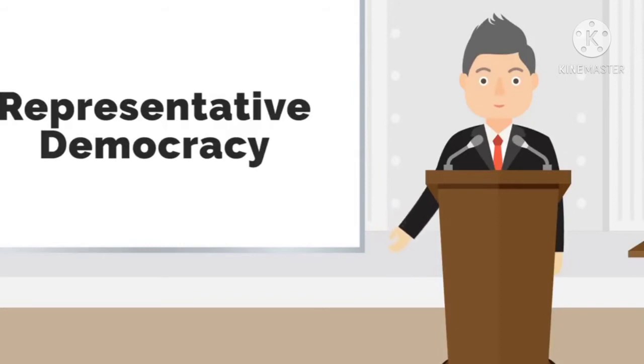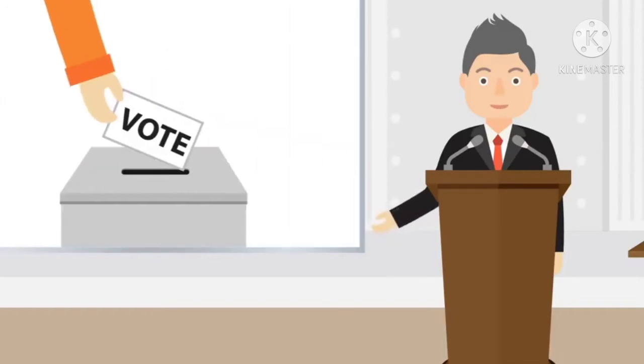A different form of democracy operates, and that is representative democracy, also known as indirect democracy, that we see in our society today. The people choose representatives to make decisions on their behalf. Representatives are chosen through regular, competitive, free and fair elections.